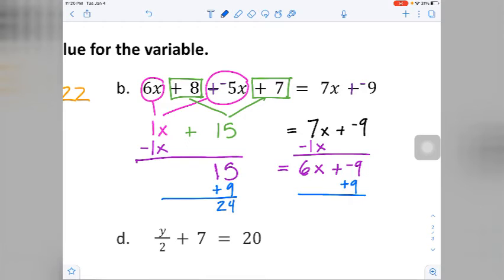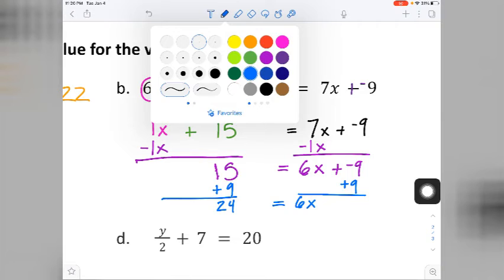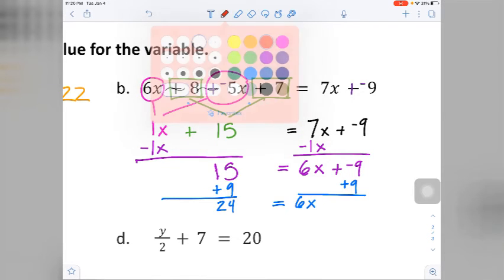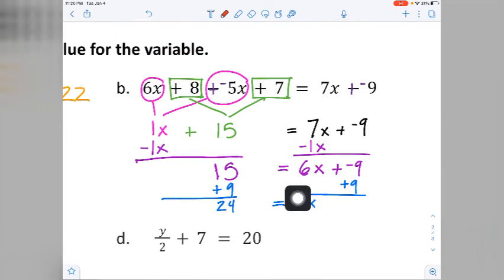15 plus 9 is 24. And then on the other side, I don't have any 1's left over. I just have 6 x's. I need to get rid of this number 6. So I have 6x equals 24. 6x means 6 times x.